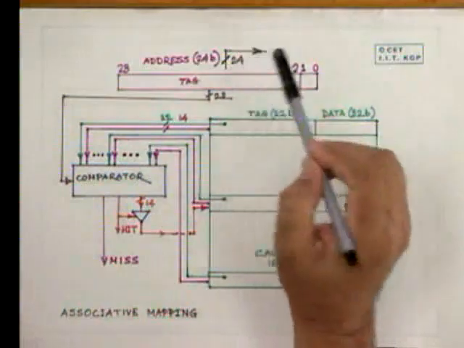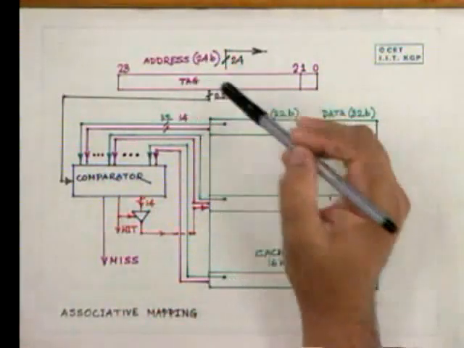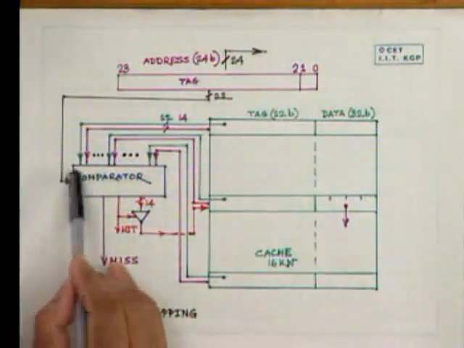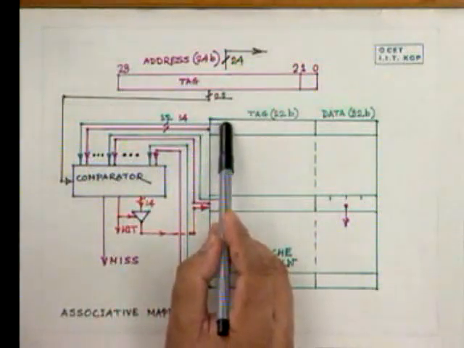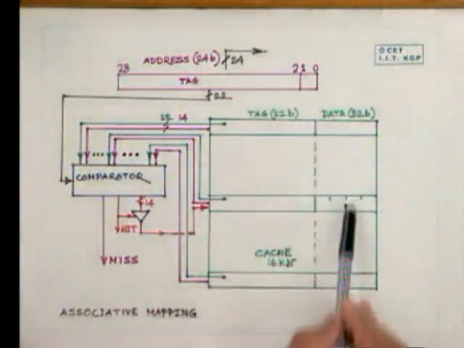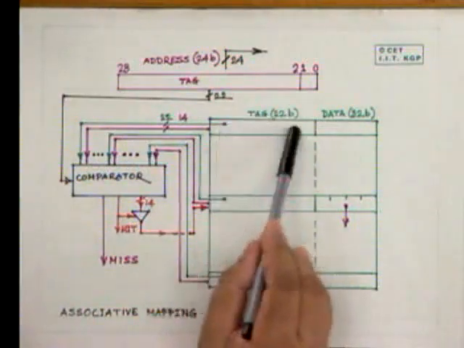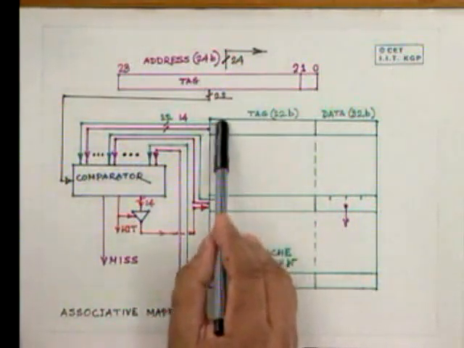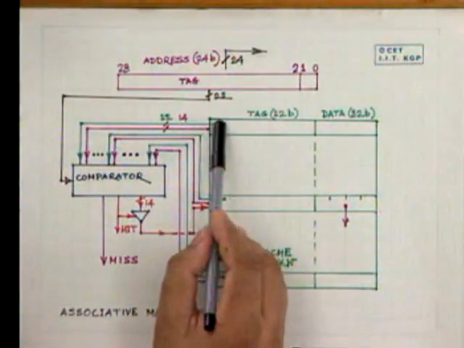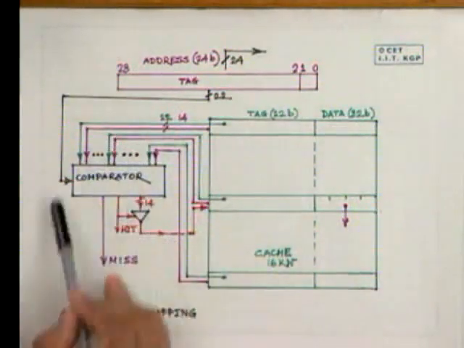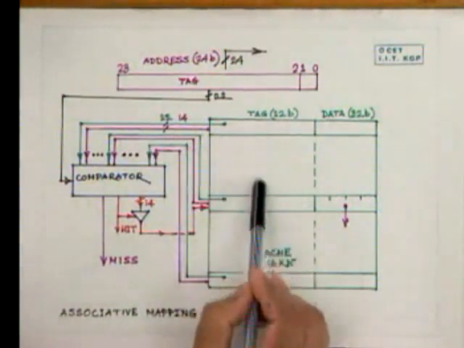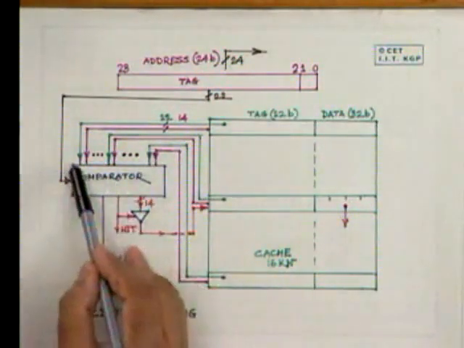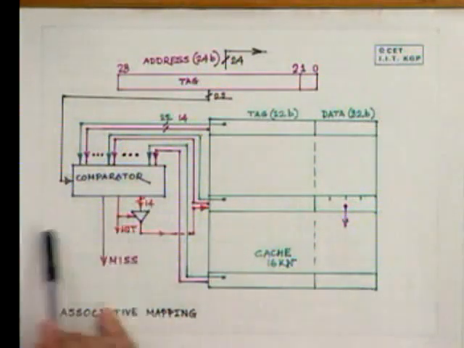When the CPU throws this address, either the address of an instruction or the address of data, this 22-bit address is brought to a comparator, and the content of the tag fields of the cache, where the addresses of the blocks whose data is kept here, are all compared in parallel.